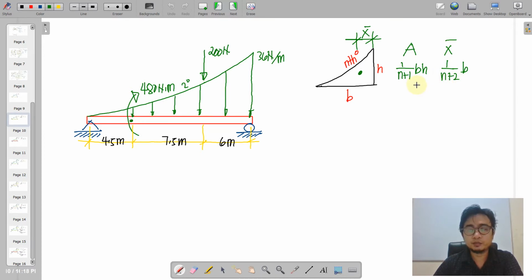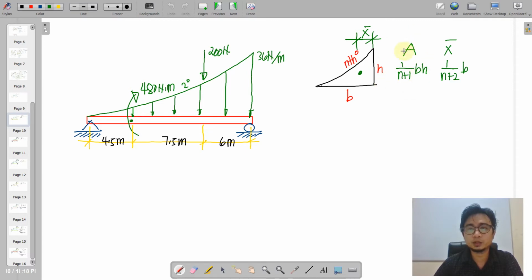Okay, so if testing this formula in a straight line, this spandrel is in the form of a triangle, right? And then if that straight line is 1, or n for a straight line is first degree, then the area for a triangle is 1 all over 1 plus 1, or 1 half base times height.